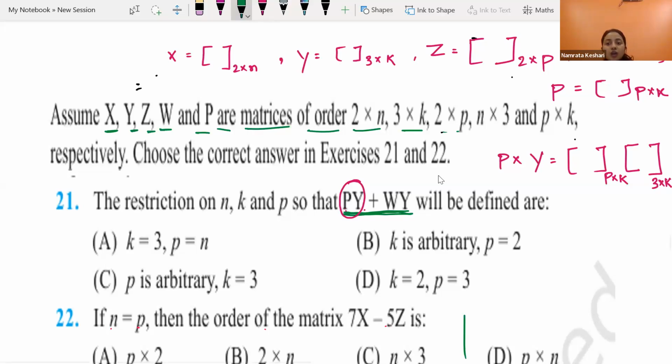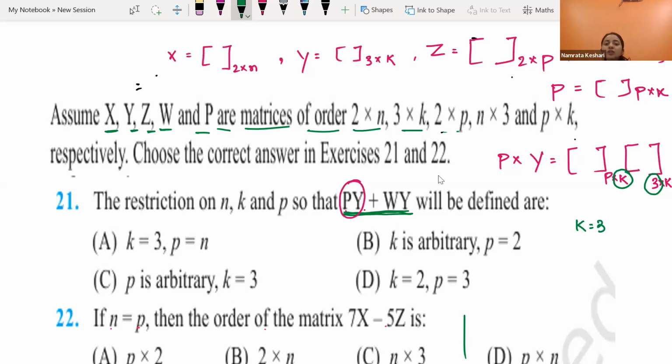Yeah. So the number of columns over here must be equal to the number of rows over there. That means K is equal to 3. It has to be there. Then only this PY we will be getting the result. Otherwise it will not be defined, right? Yes. Okay. So from here we are getting that K needs to be 3.